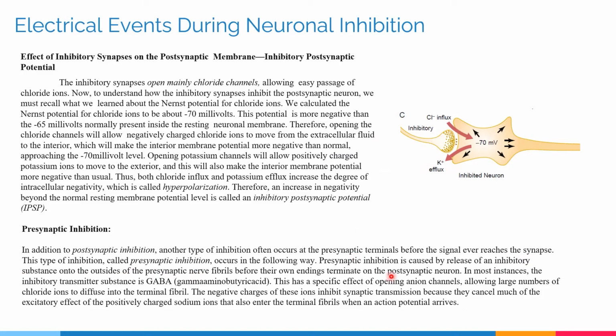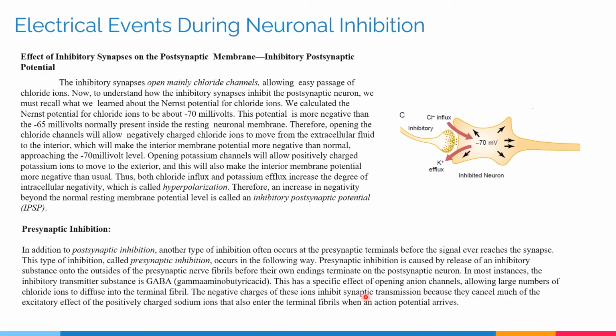The presynaptic inhibition is caused by release of an inhibitory substance onto the outside of the presynaptic nerve fibrils before their own endings terminate on the postsynaptic neuron. In most instances, the inhibitory transmitter substance is GABA, which is gamma aminobutyric acid.